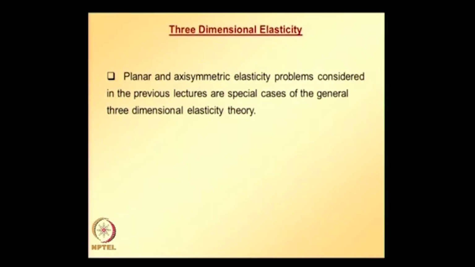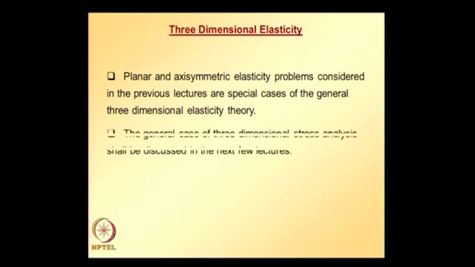Planar and axisymmetric elasticity problems considered in the previous lectures are special cases of general three-dimensional elasticity theory. The general case of three-dimensional stress analysis shall be discussed in the next few lectures.